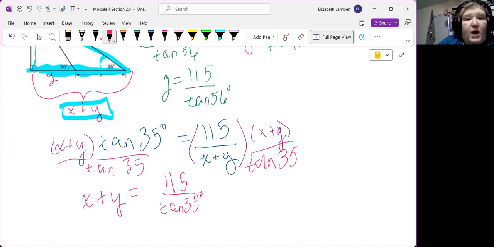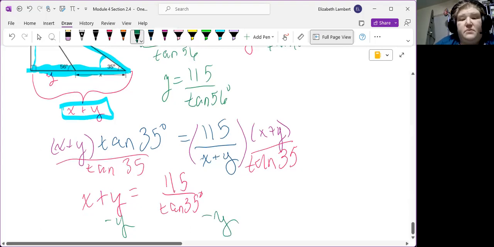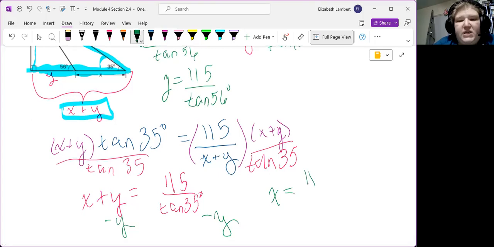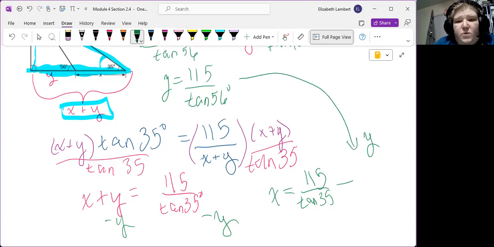I can subtract y to the other side. So x is 115 over the tangent of 35 minus y, which is 115 over the tangent of 56. Now, don't try to get cute and try to combine these in any way, shape, or form. They don't. We're just going to type in this.